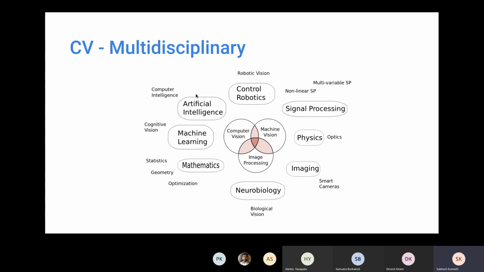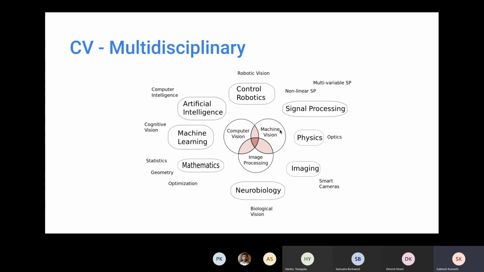Then artificial intelligence and machine learning, when you are using these images to learn something, create models, and use those models to do inference later, and obviously mathematics. And image processing, machine vision, and computer vision all have some intersection as well.